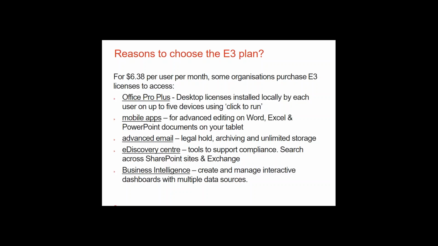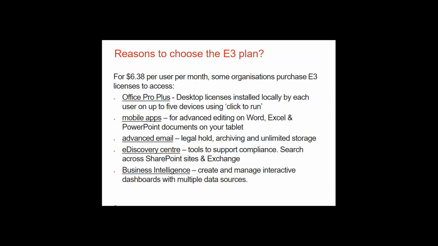Some organisations are also choosing to purchase this E3 plan because you get what's called advanced email, which means legal hold and archiving. So basically what that is, if you want to keep and track every email that your organisation sends, regardless of whether the user deletes it or not, legal hold does that for you.